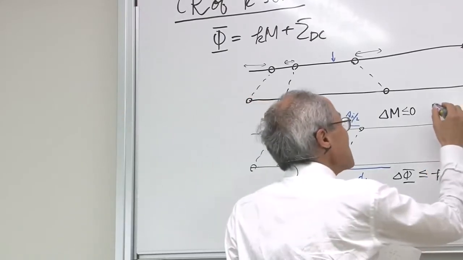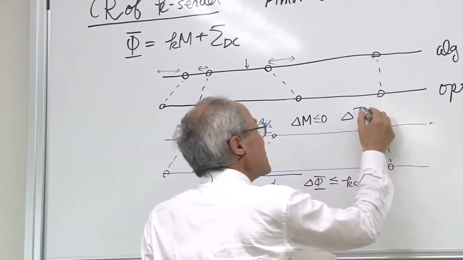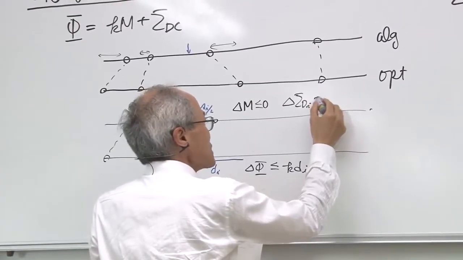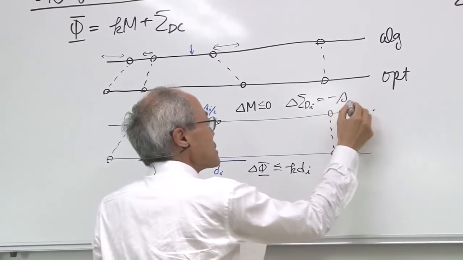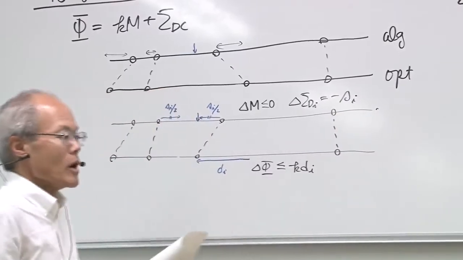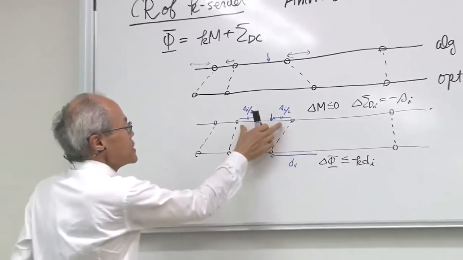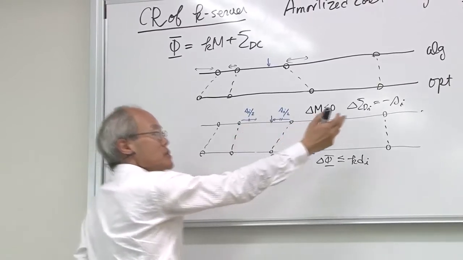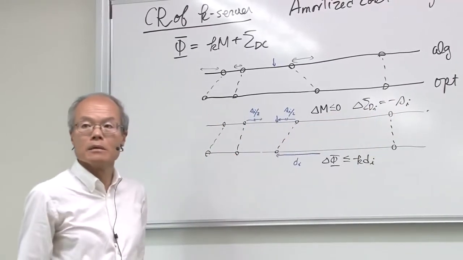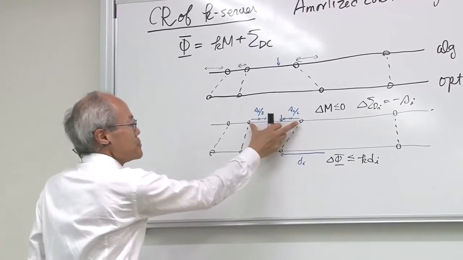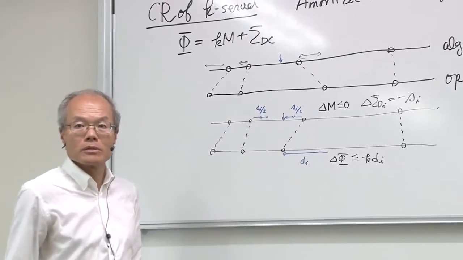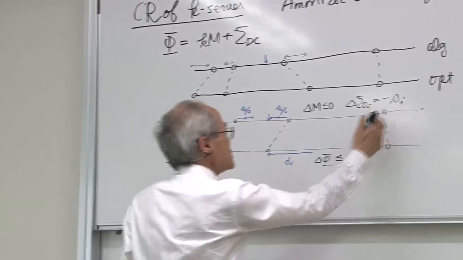And what is delta sigma di? This is exactly equal to minus di. Why? Because this pair just shrinks, so it decreases by this value.